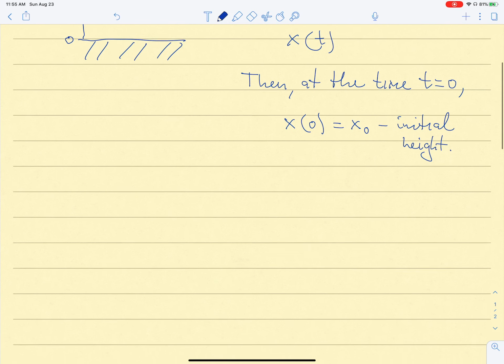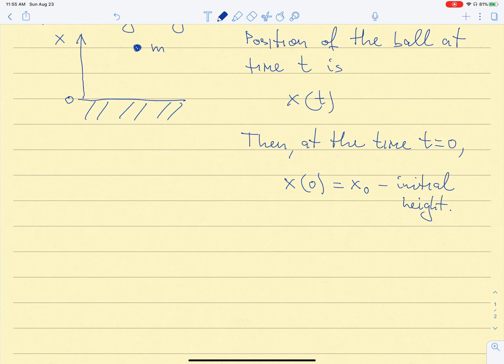Okay, and so what we want to do is we want to find x of t. Okay, so how can we do that? Now we have to appeal to physics.